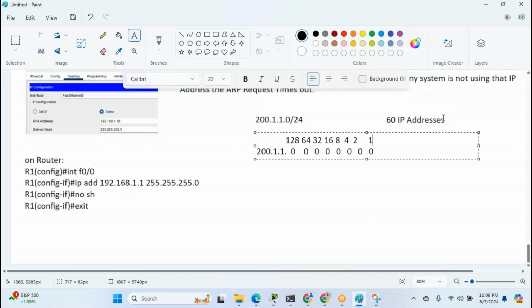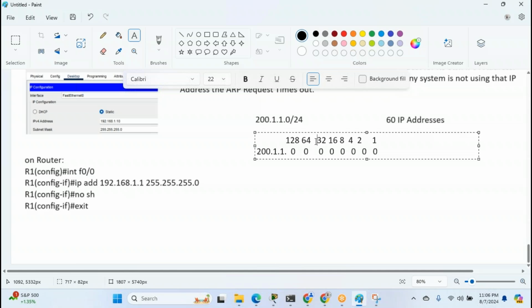Our requirement is 60, so we have to look for 60 on this scale. 60 is between 64 and 32. It means we have to extend the network portion up to the higher bit value where the requirement lies on this scale. So we have to do subnetting of 2 bits.